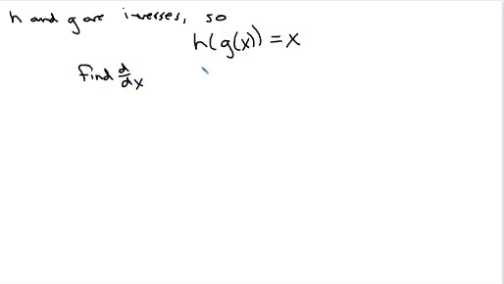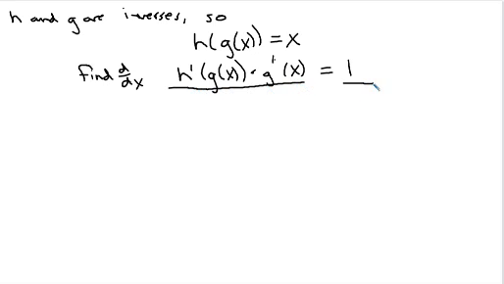we do the chain rule, right? H prime of g of x times g prime of x. And then I need to do the derivative of the right side, which is 1. All right? So let's divide both sides now by this h prime of g of x.